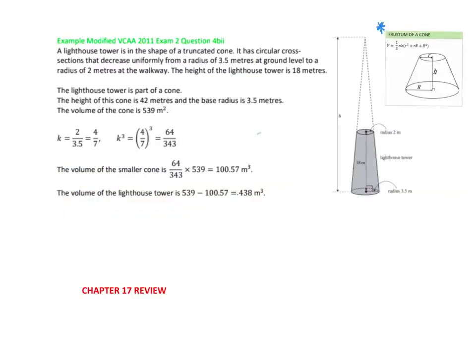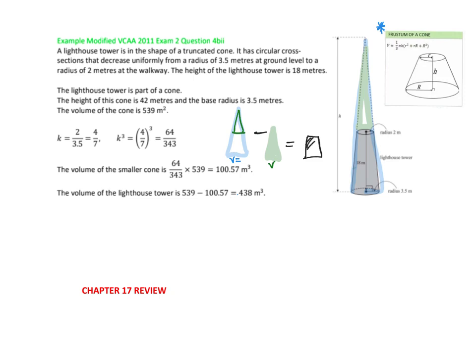Now with this question, you could use similar figures. They've sort of demonstrated that you have the big cone and it's similar to the top little cone. Obviously, if you were trying to find the bottom part, you do the volume of the big cone minus the volume of the top, because you'd be cutting off that top bit, and that will give you the volume of the bottom.